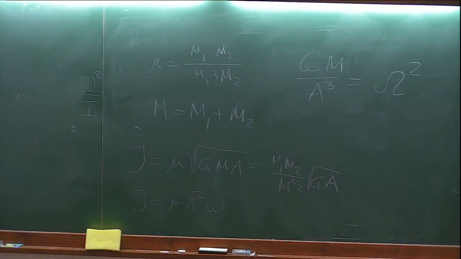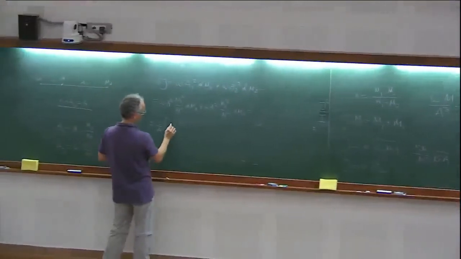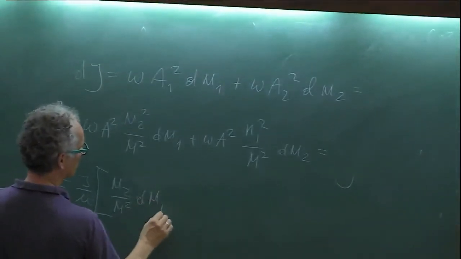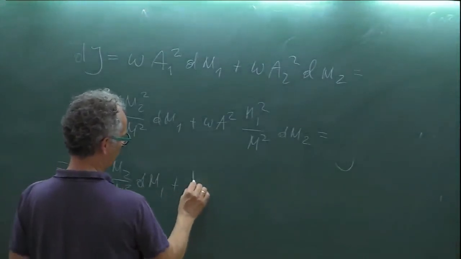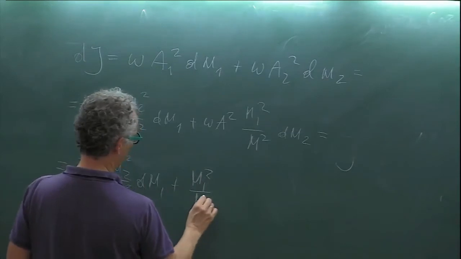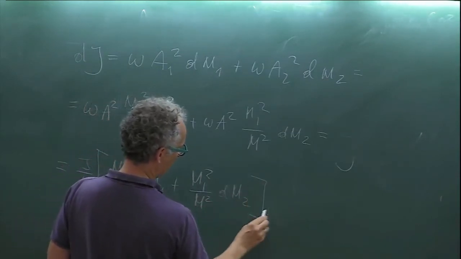So we have J over mu times m2 squared over m squared dm1 plus m1 squared over m squared dm2.